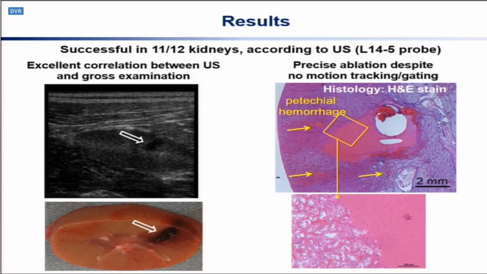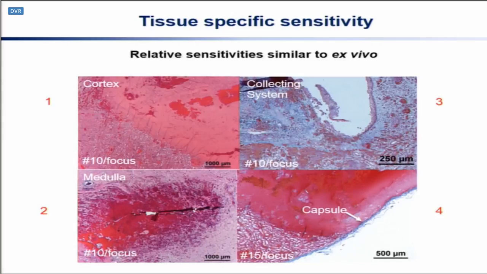And in the collecting system, we never damaged the wall, and we never damaged the capsule of the kidney. So we found, as expected, a relative difference in sensitivity of different parts of the kidney to boiling histotripsy. The most sensitive was cortex, then medulla, then collecting system, and then capsule, which was never damaged for the treatment protocol that we used.